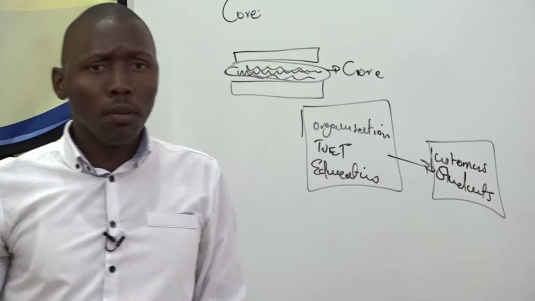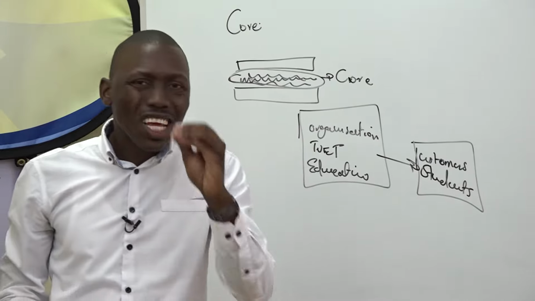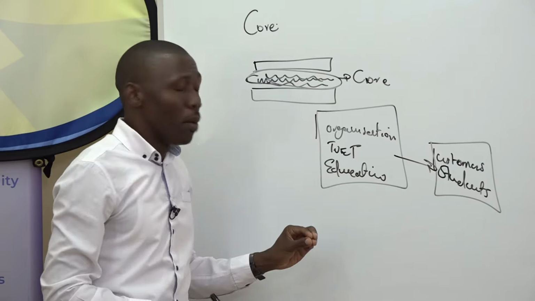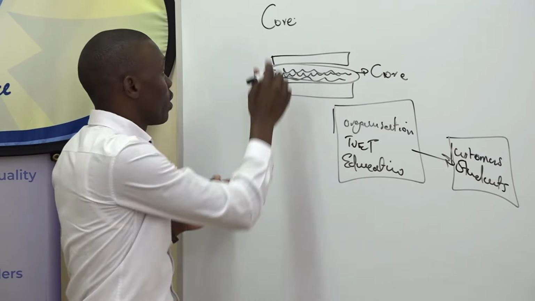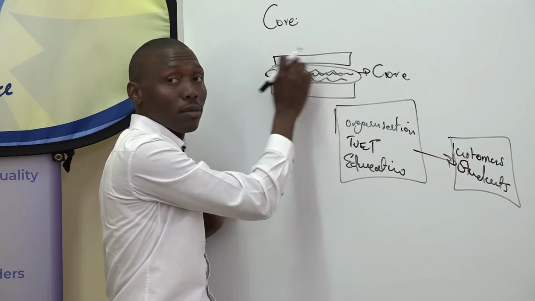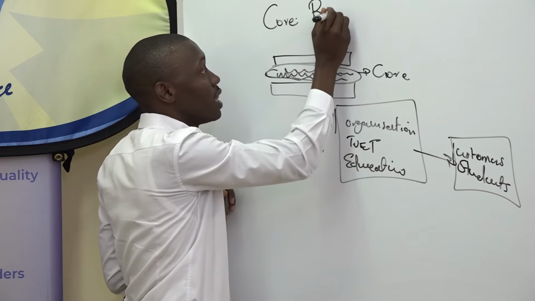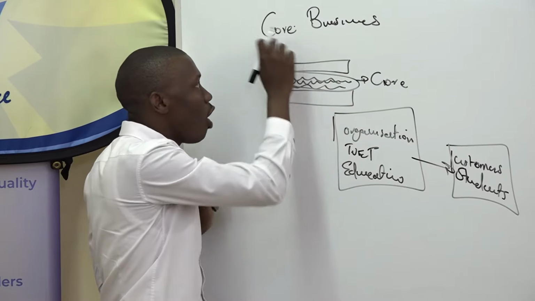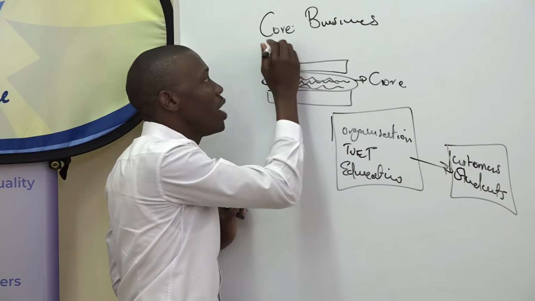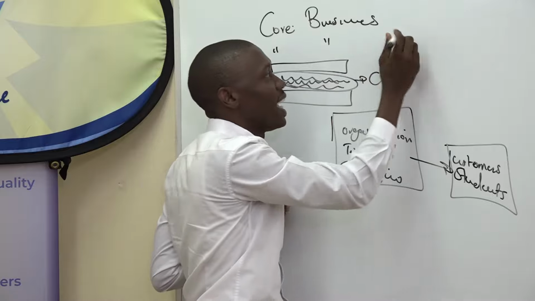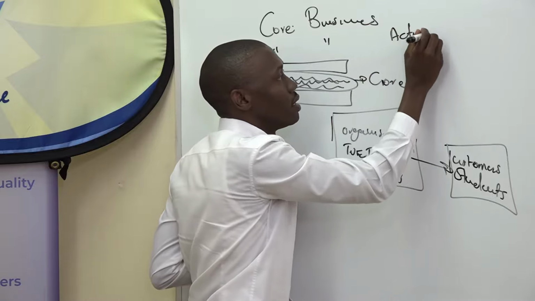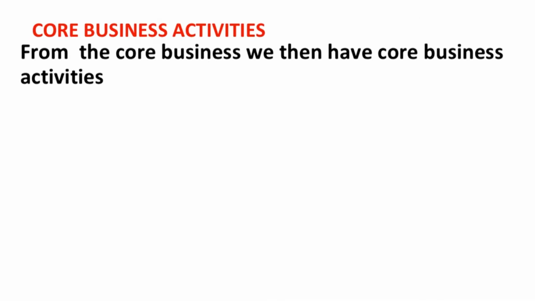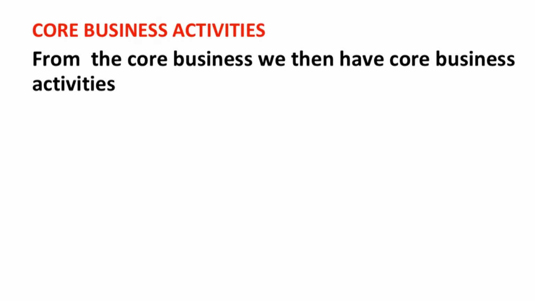Now, what then are the core business activities? Because the first thing that we have is the core, which is the what? The central part of an organization. Then the business is the running of that organization. Then on this core business, we have what we call core business activities, which are the things that take place each and every day.